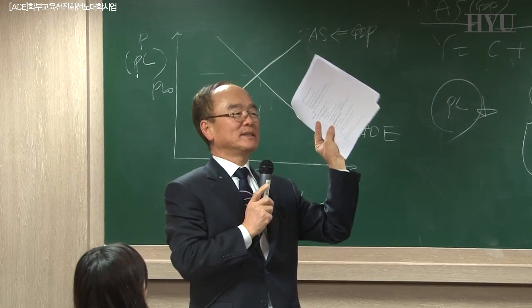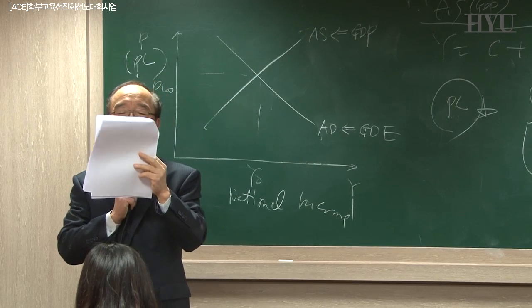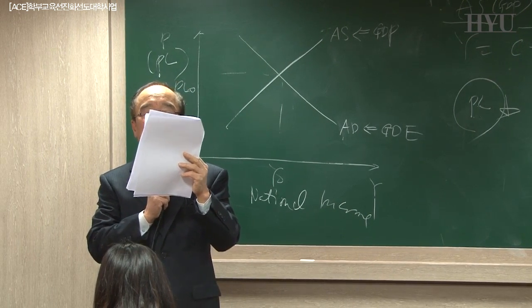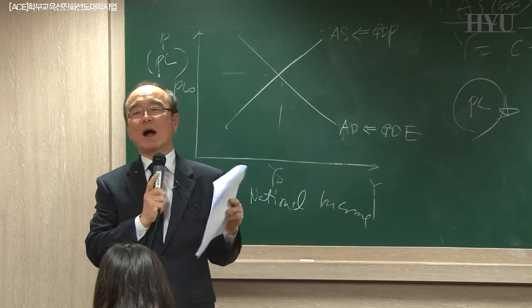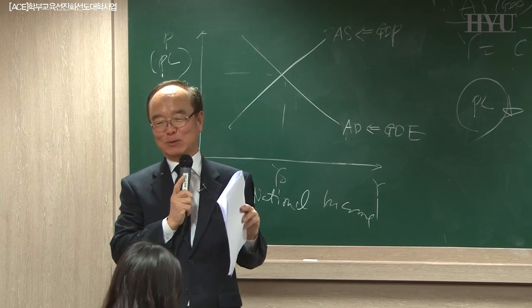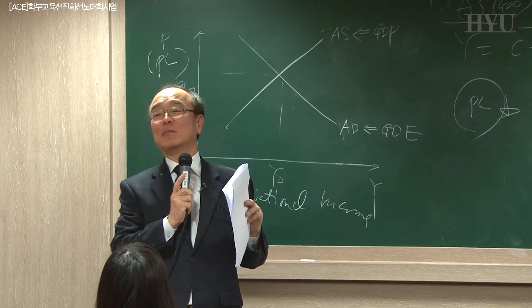Next week you will understand it clearly. But as for today, P goes down, real money balance goes up. Meaning you have more money than you need. Then what do you have to do? Not burn it. Invest it.